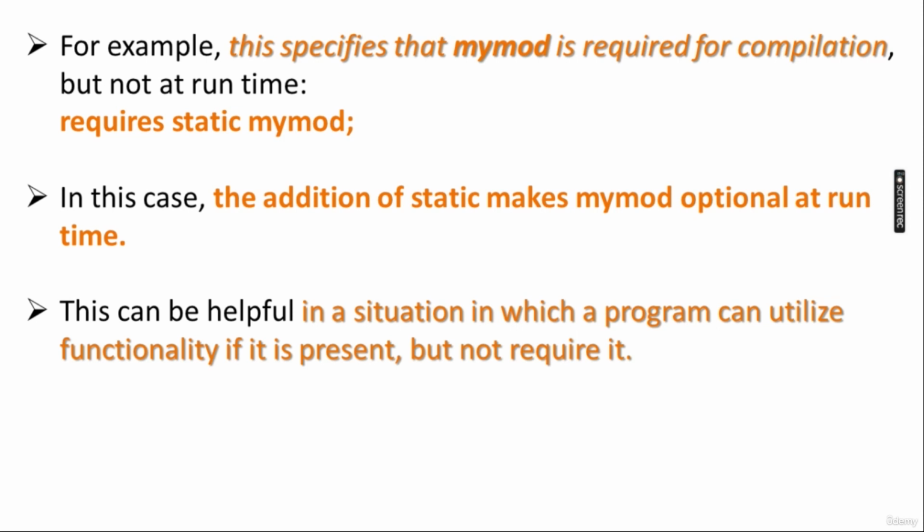The addition of static makes my module optional at runtime, so this criteria is relaxed at runtime. This can be helpful in situations where a program can utilize functionality if it is present but not required. A program can utilize a particular functionality, but it is not actually necessary.